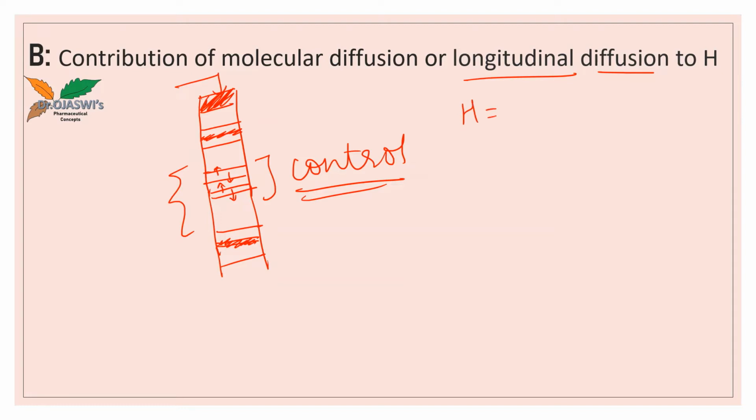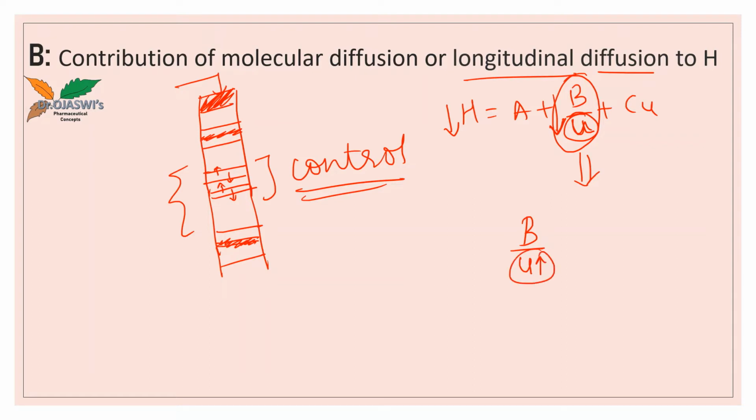So how is that possible? As per this formula or equation, you can see that in the denominator of B, U is added. What is U? U is the flow rate of the mobile phase. So the flow rate of the mobile phase is in the denominator. I want to reduce the overall value of B by U, because if the B by U value is reduced, then only H will be reduced. Okay, so according to this, to reduce this overall B by U, I have to increase this U. That means the flow rate has to be increased.